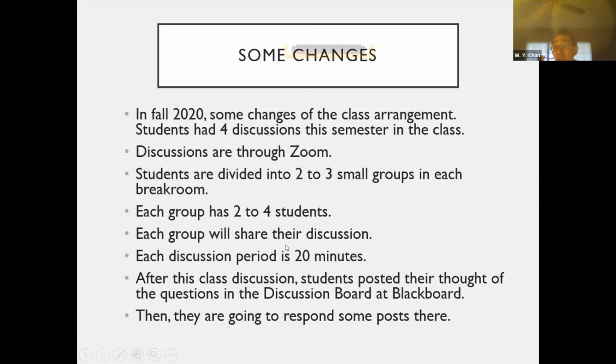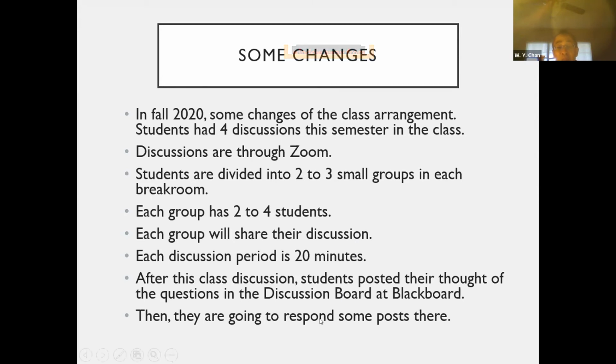It varies depending on how long their discussions take, but I try to limit them to within 20 minutes. After the discussion, they share their discussions with their classmates online. On the other hand, I also post questions on the blackboard, and they need to post their thoughts there.